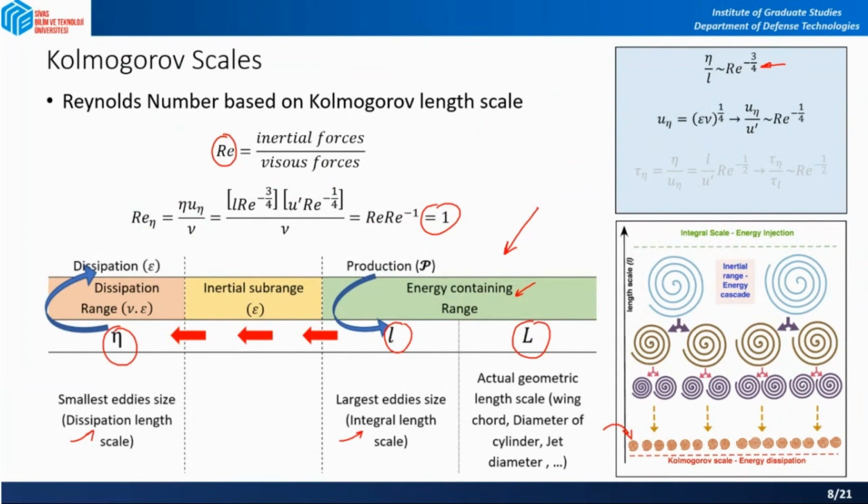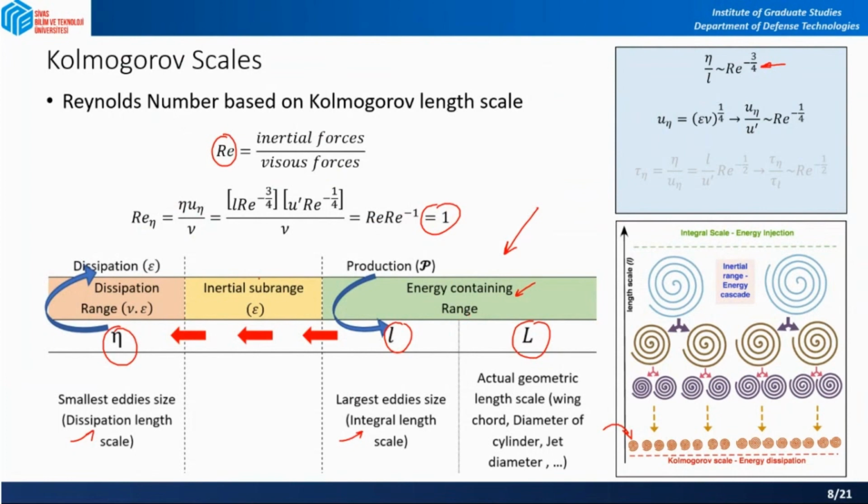If you compare the wake of a cylinder and, for example, the wake of a full Airbus plane, the turbulent kinetic energy, which is sucked in from the mean kinetic energy, as we showed last week, is generated here in the energy containing range, and that's why we call it energy containing.